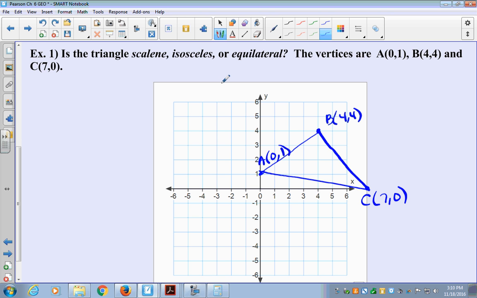And we want to know if it's scalene, isosceles, or equilateral. That means 3 sides different, 2 sides the same, or all 3 sides are the same. So at the end of the day, we're going to be doing the distance formula 3 times.